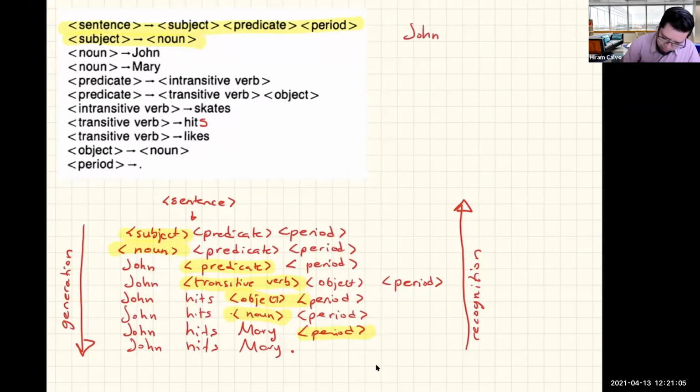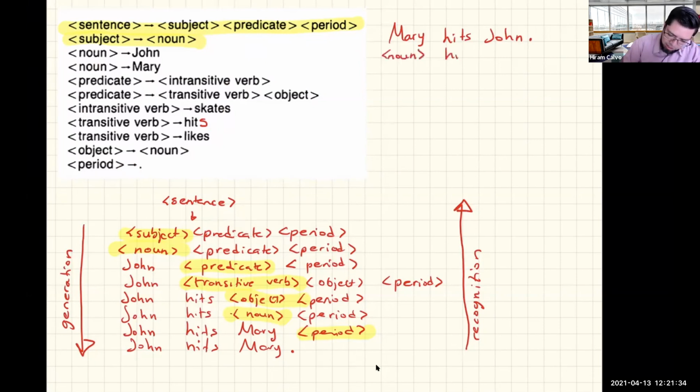So for example, in order to recognize, I can ask you: Mary hits John, period. Do you think this sentence can be recognized by this grammar? And then what we will do is exactly the reverse process. Now we can say, okay, Mary is a noun.